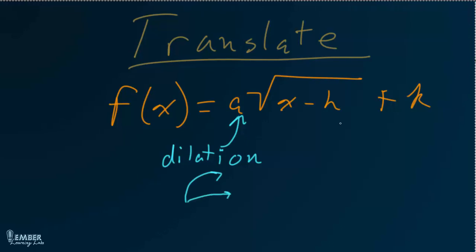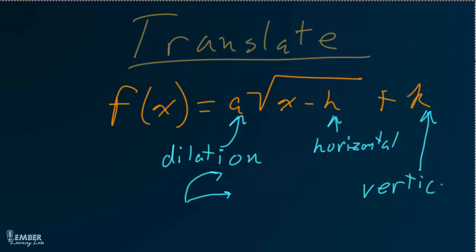Now, the h term is the horizontal translation. Then k is the vertical translation. This is just like a parabola, just like a quadratic function. It all works exactly the same. It's that simple, folks. That is all there is to it.